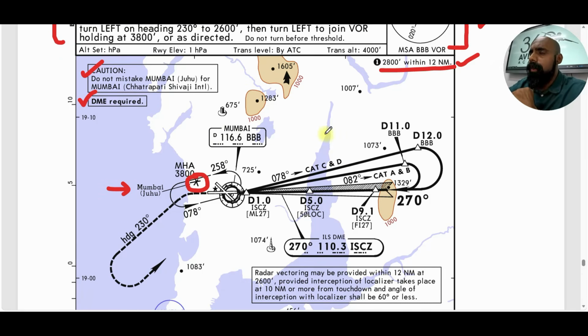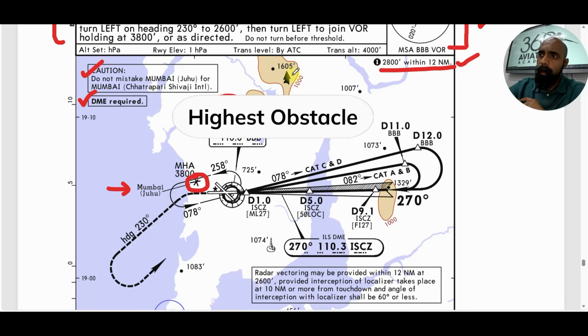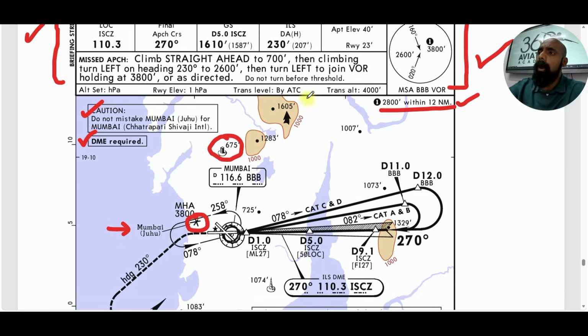Moving forward, you can see that they have also given the altitude information above sea level with respect to major obstacles. For example, a building over here, 675 feet, and this black arrow, there's always a black arrow, which typically identifies the highest obstacle above sea level, right? In this case, it's this hill over here, which is at 1,600 feet or 1,605 feet above sea level.